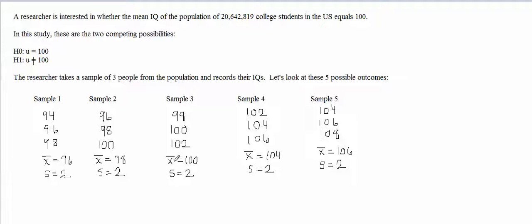So just because the mean of your sample is 100 doesn't mean that the mean of the entire population is 100. If the sample mean is 100, the population mean could be some other number. And the null hypothesis is only true if the population mean equals 100 in this case.